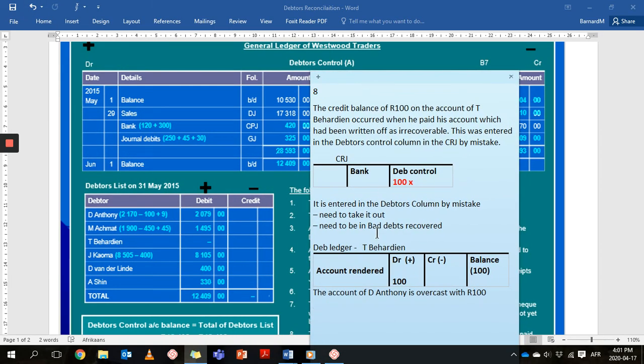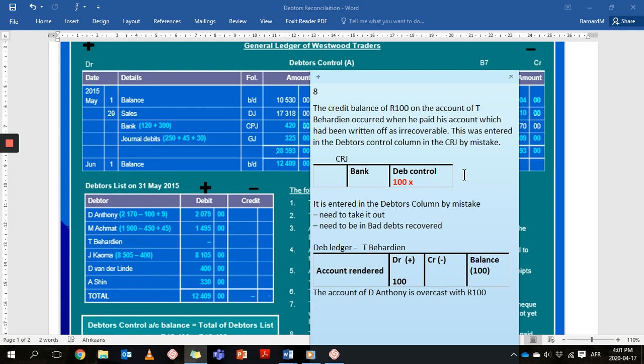Then if I look at number 8, it says the credit balance of 100 rand on the account of T. Biarden occurred when he paid his account, but his account was actually previously written off as irrecoverable. This was entered in the debtors control column in the CRJ. So the mistake happened here, and it wasn't supposed to be in the debtors control.